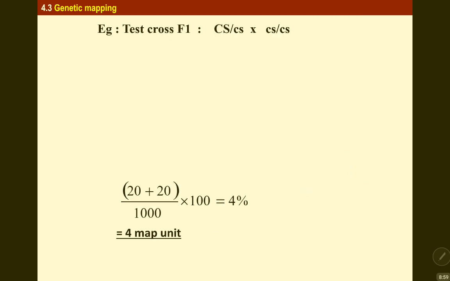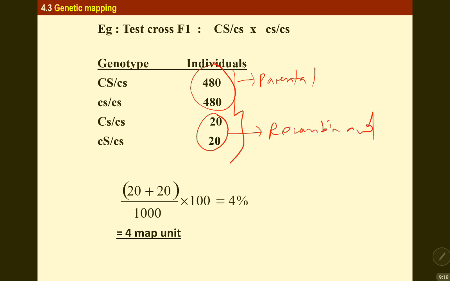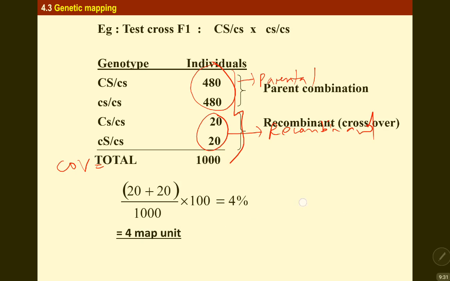So example 3, you are given a test cross. The results from the test cross, again two big numbers, two small numbers, means this one is parental genotype. This is called recombinant. So map the gene of C and S. So use the formula COV equal to total recombinant divided by total offspring.